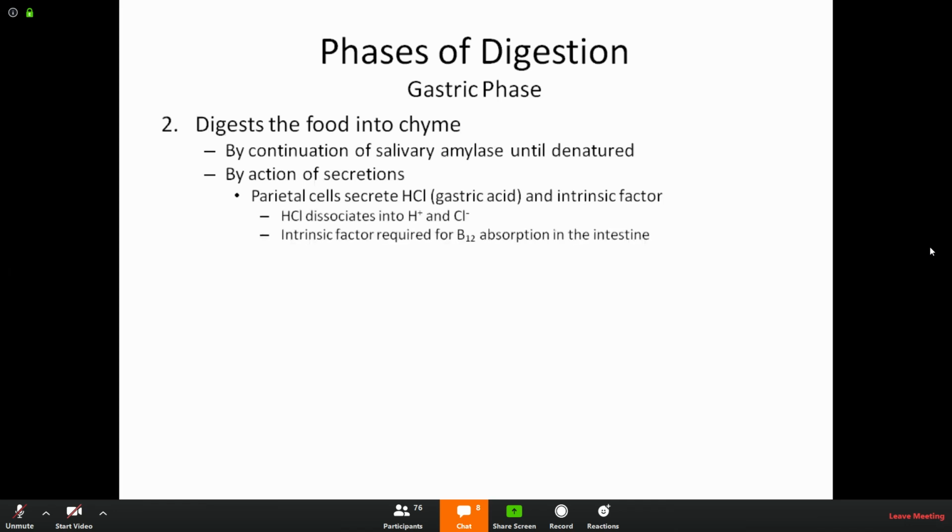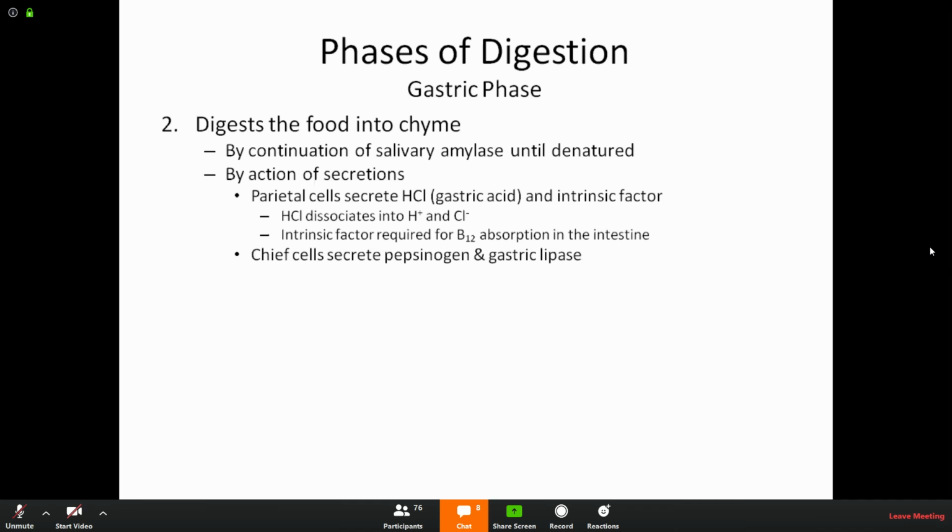Hydrochloric acid dissociates into hydrogen and chloride. HCl helps in stabilizing the action of the food. Then intrinsic factor is required for absorption of vitamin B12.